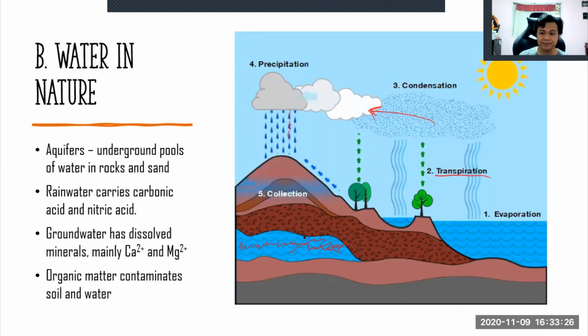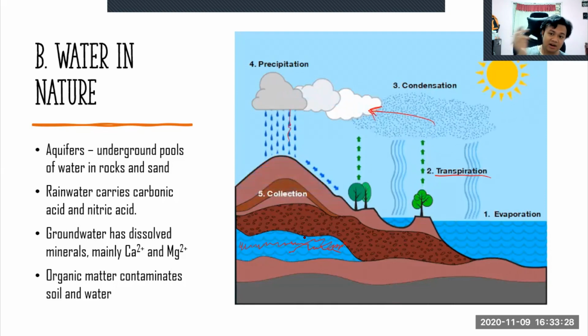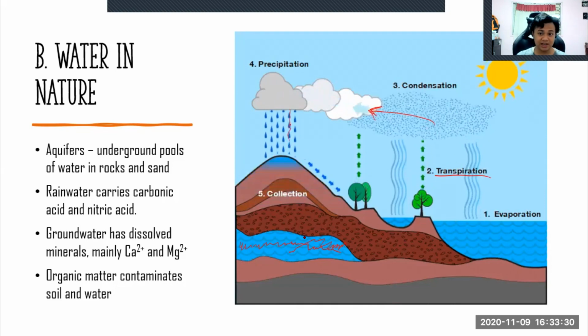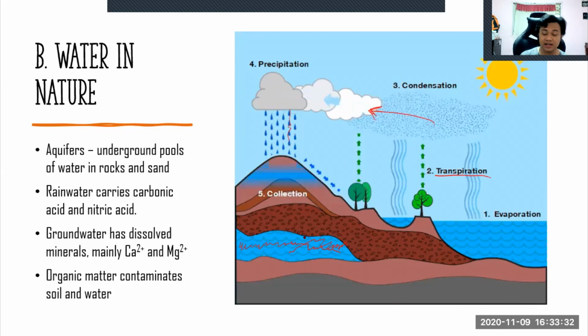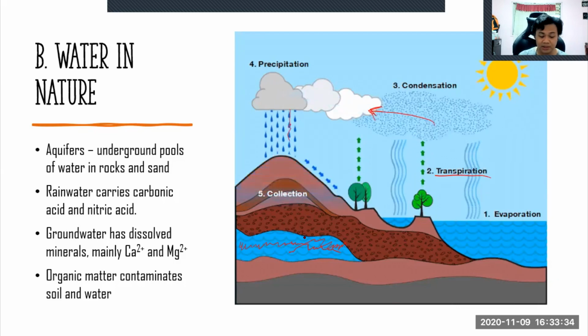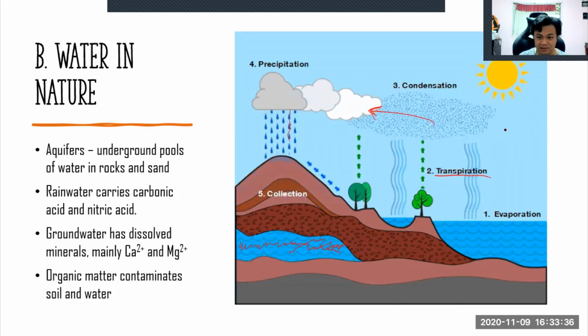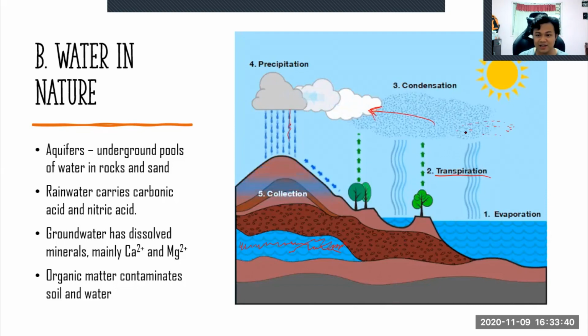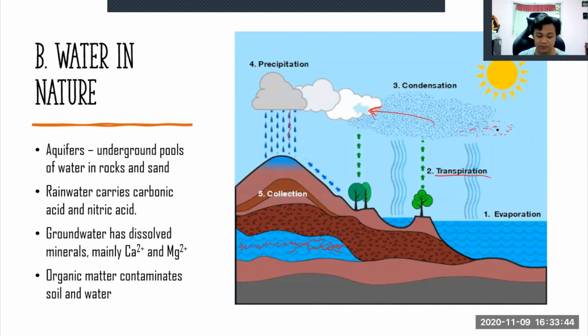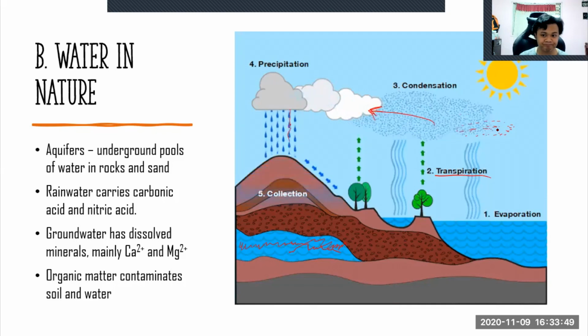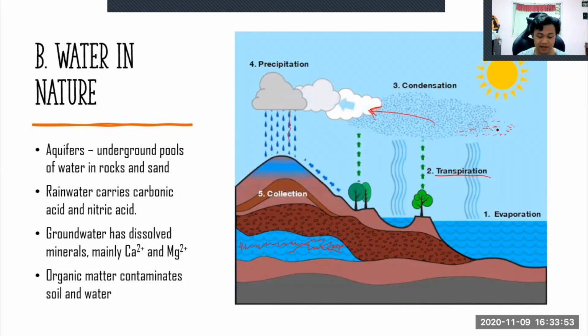As we discussed in our previous lecture in chemistry in the atmosphere, rainwater is not actually pure water. It carries down dust particles. If this takes place in a largely urbanized area, you can see dust being emitted into the atmosphere.